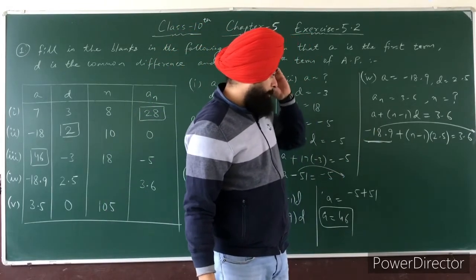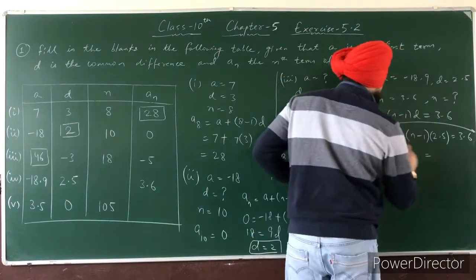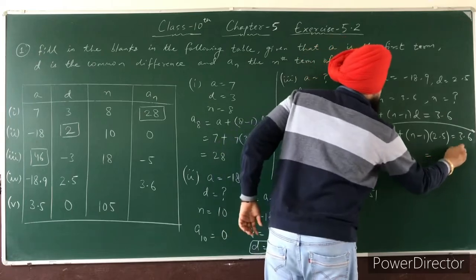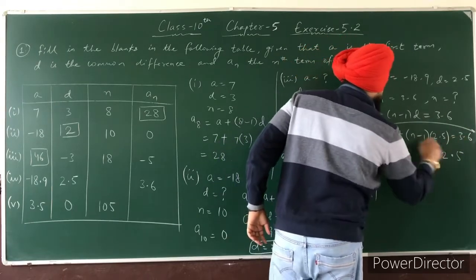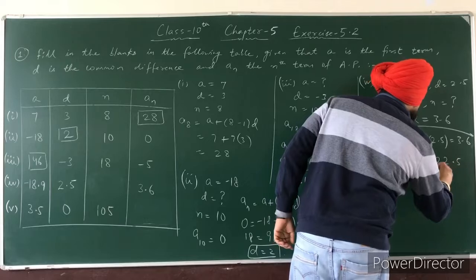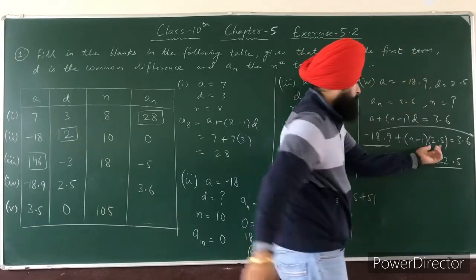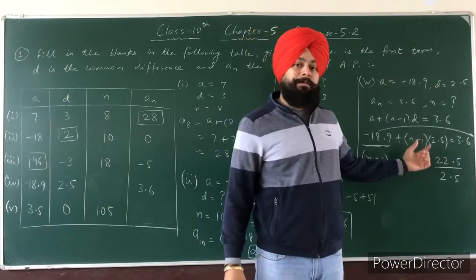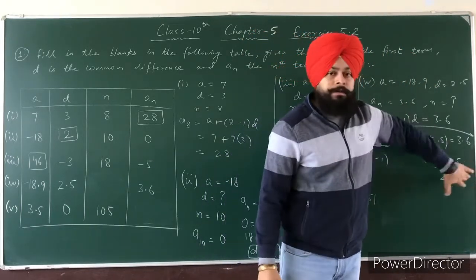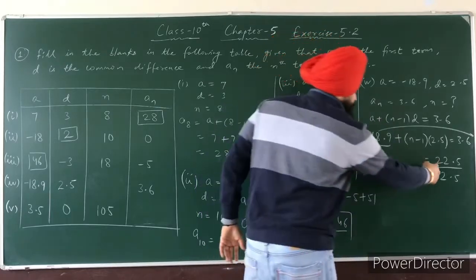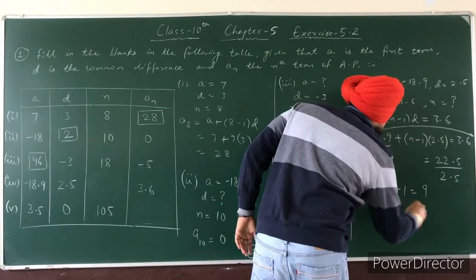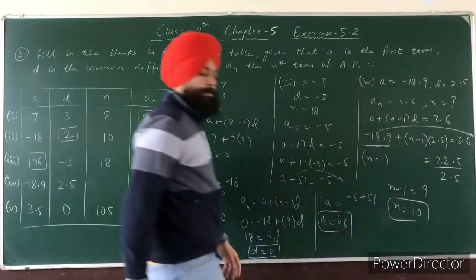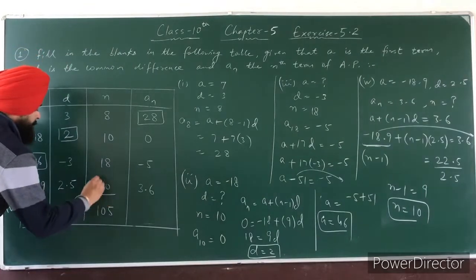Now 18.9 plus 3.6. It is 9 plus 6 is 15, 1 carry. 1 plus 8 is 9, plus 3 is 12, again 1 carry. 1 plus 1 is 2. So 22.5, divided by how much? 2.5. Okay, since 2.5 is multiplied with n minus 1, you will divide it on the right side. Now 22.5 over 2.5 is 9. And what is n? n is 9 plus 1, how much? 10. So the value of n is 10.